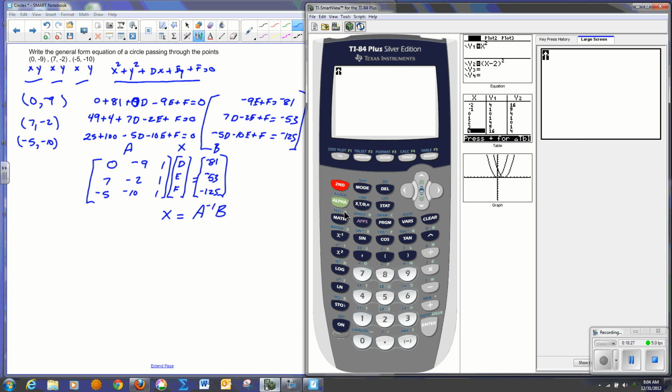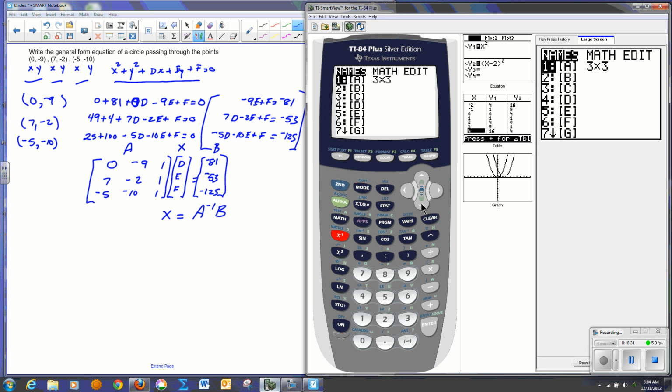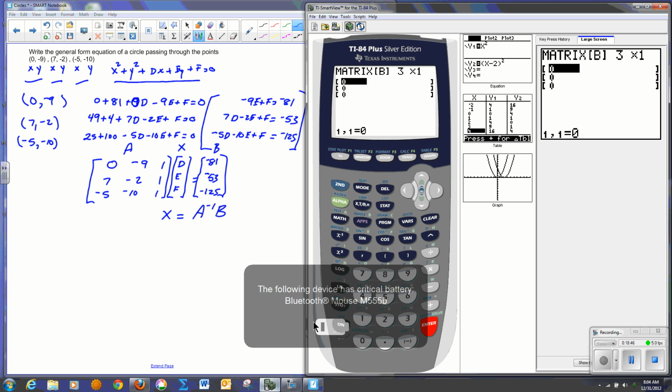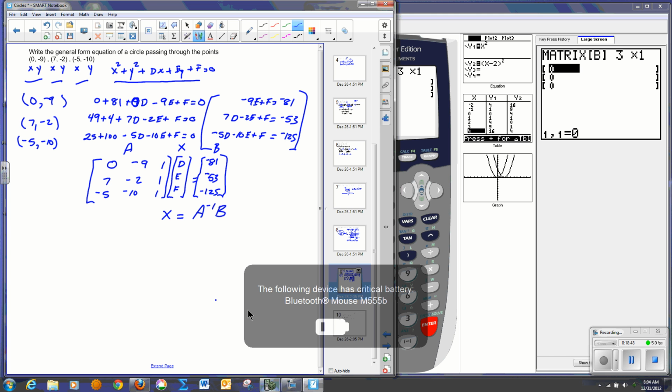And then I want to go back into the matrix, so I hit second matrix again. And this time I'm going to edit, so I move that over to edit, my B matrix, which is a 3 by 1. There we have it. And I want to plug in the negative 81. Whoops.